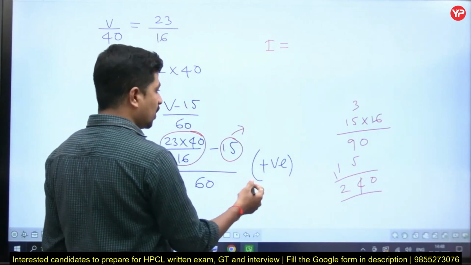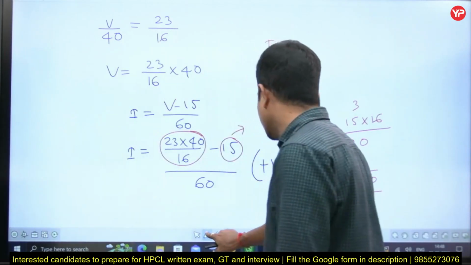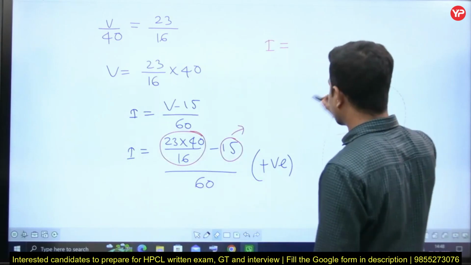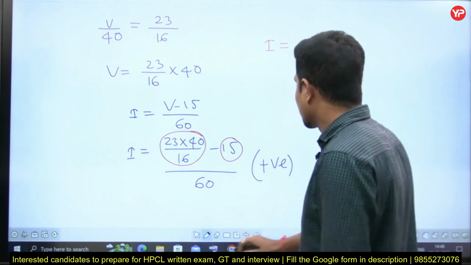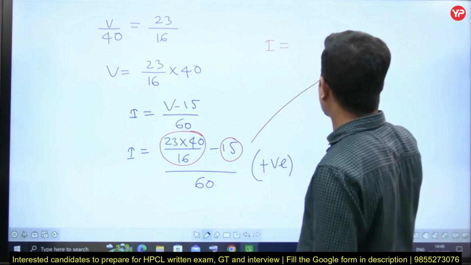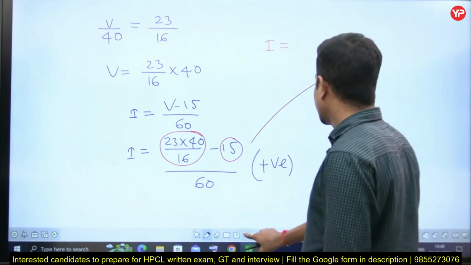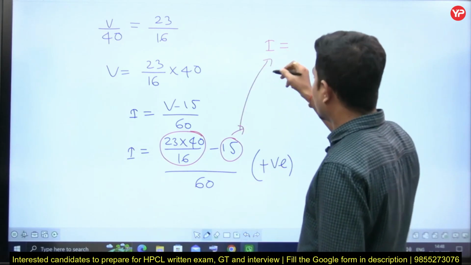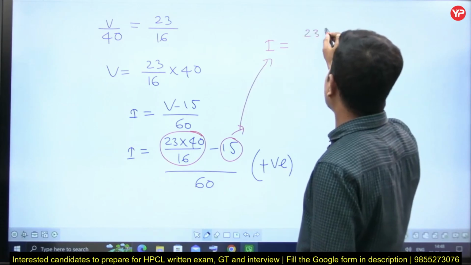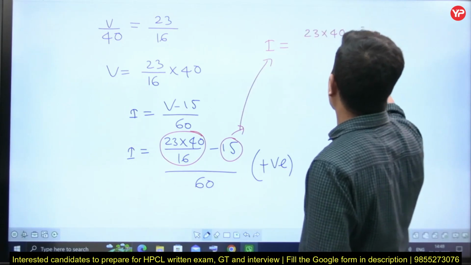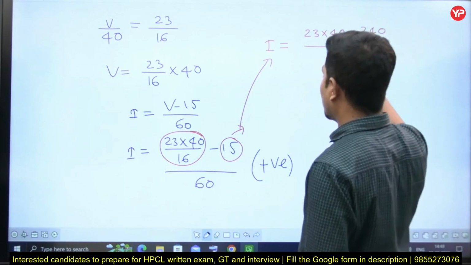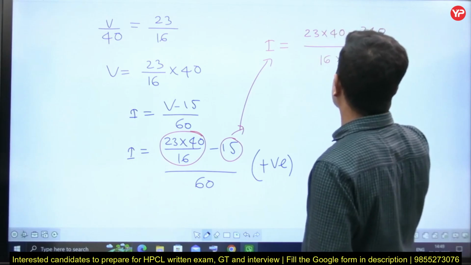This particular value, after simplification, let me write. After simplification, I is equal to 23 into 40 minus 240 by 16 into 60.